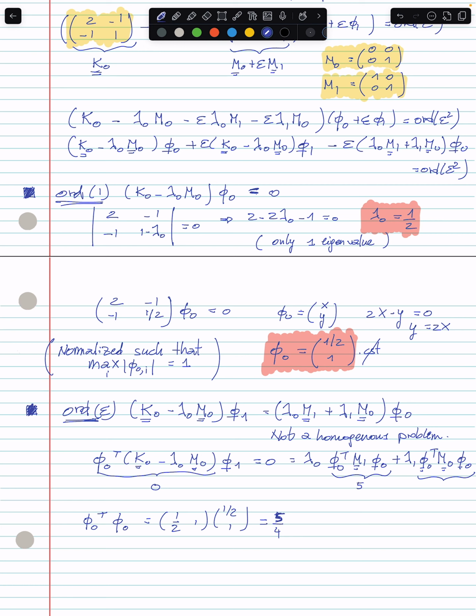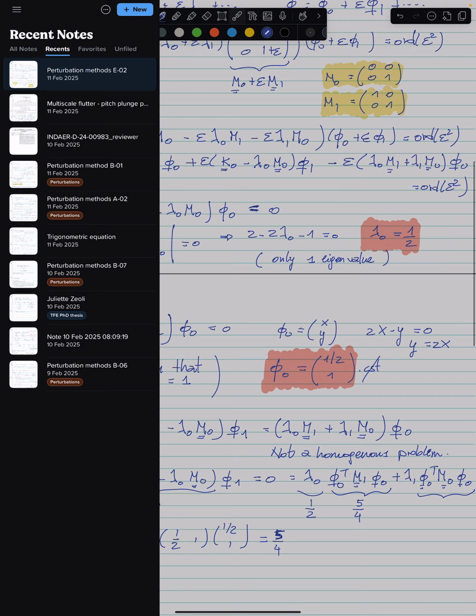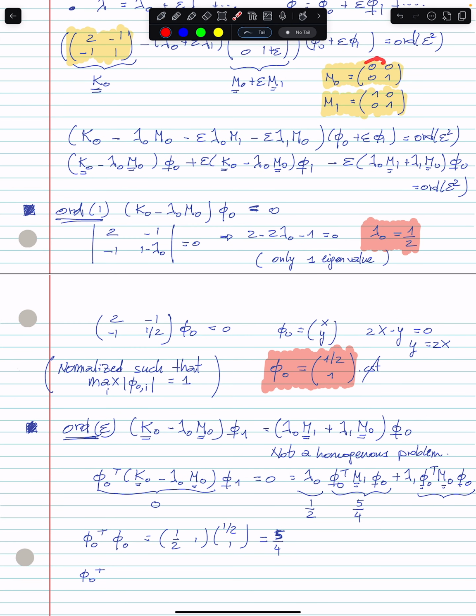Meaning that this is equal to 5/4. Lambda 0 is 1/2. And the last element over there, we need to replace m0, which is actually nothing but extracting. You see that m0 is 0, 0, 0, 1 over here.